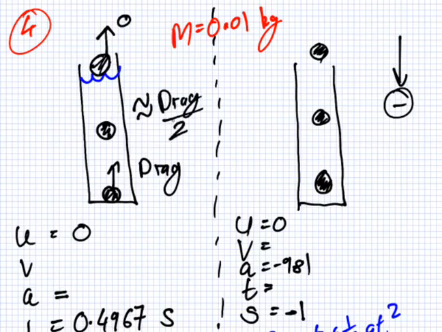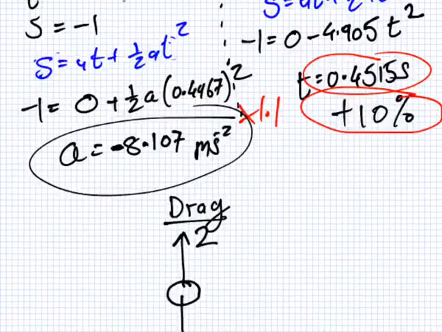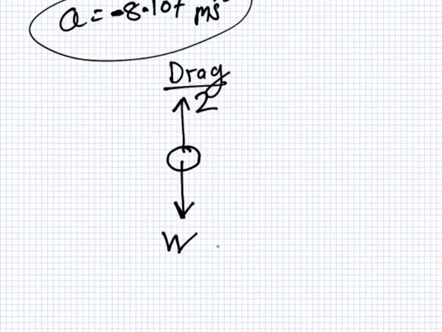So what force is going down? The weight. And what force is going up? Drag. But again, I'll divide it by 2 because at the top, what's the drag? 0. And at the bottom, what's the drag? The highest value it'll be.